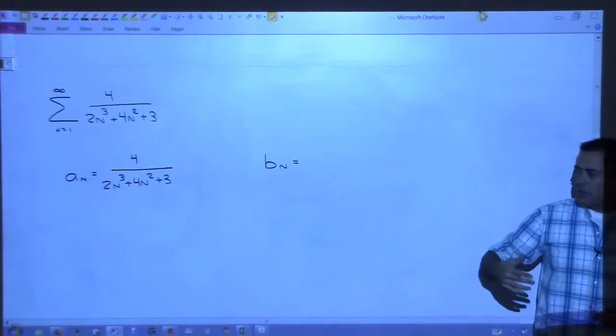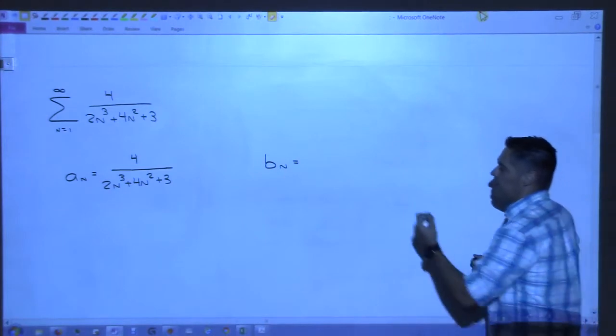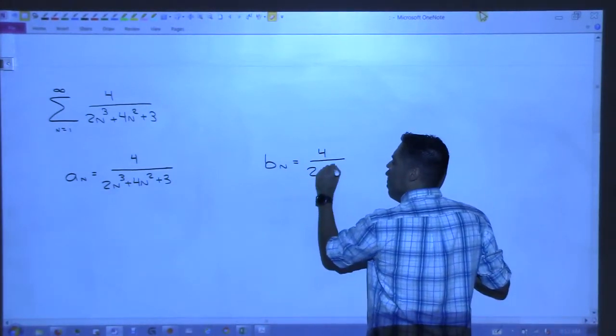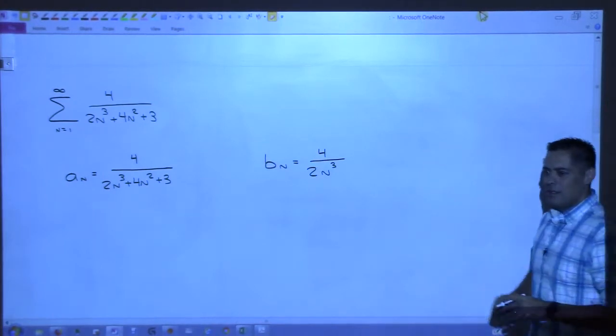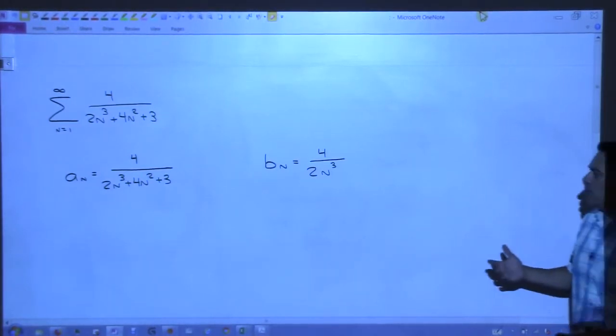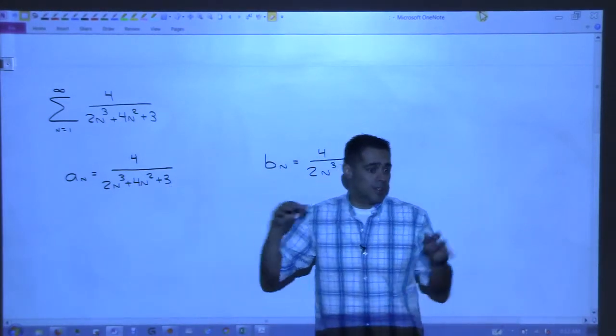So for big enough n's, that's approximately 4 over 2n cubed. For big enough n's, those are pretty close to one another. Would you all agree with that? If you let n go to infinity, this goes to 0 and that goes to 0. They both go to 0.